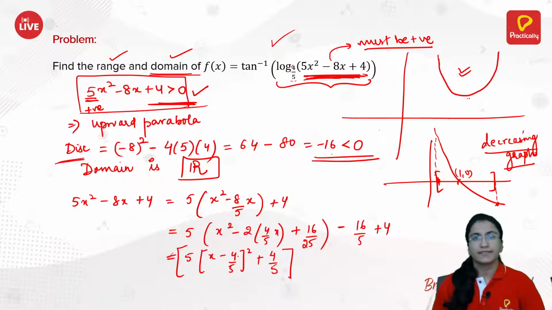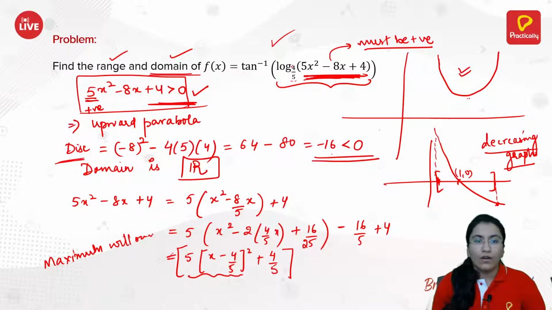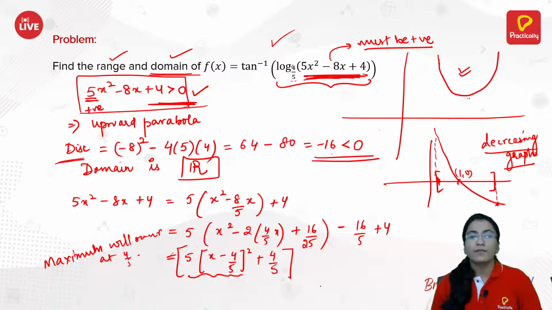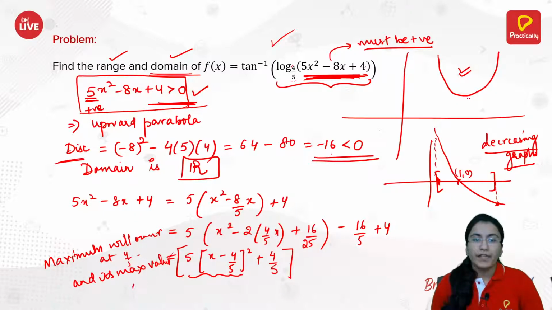Anyone? Maximum will occur when this portion is 0, so that you have the minimum value of this complete function. So its maximum will occur at x equals 4 by 5, and its maximum value is 4 by 5.